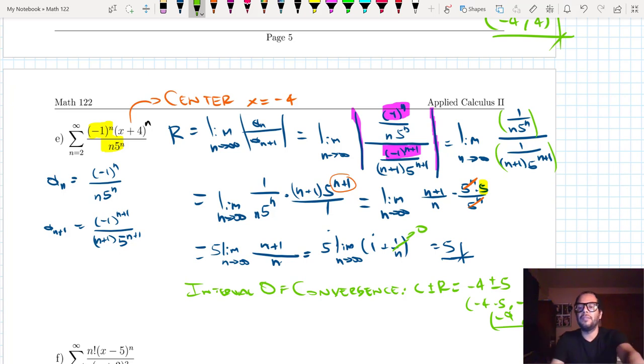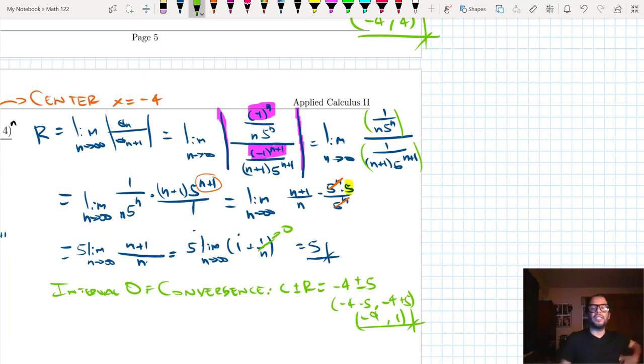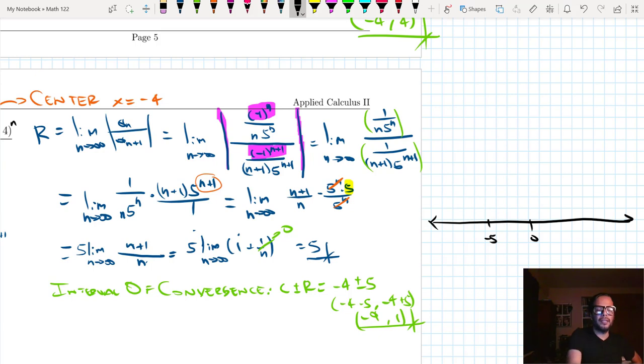What does that mean? It means the series is centered at, so this is 0 right here. Negative 4, I'm going to say it's right here. So negative 4 plus 5, we get 1, and negative 4 minus 5, we get negative 9.